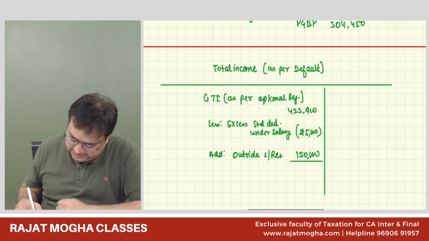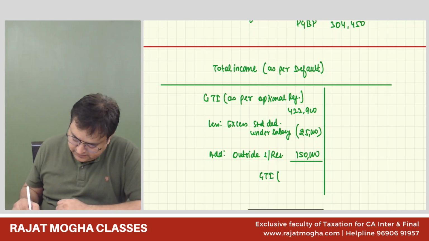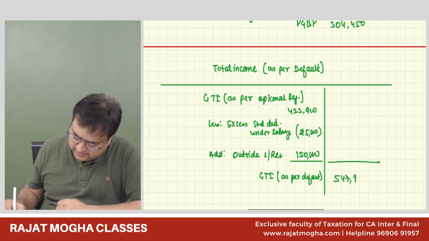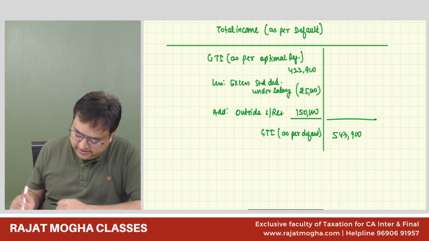So this is the GTI as per default, 5,47,900.